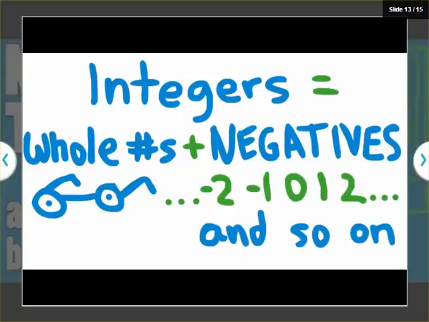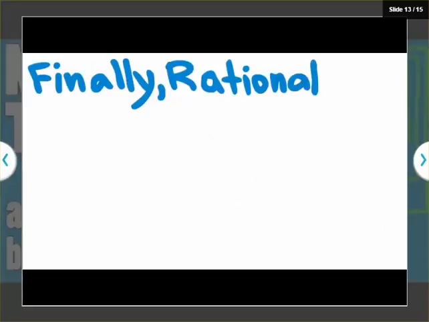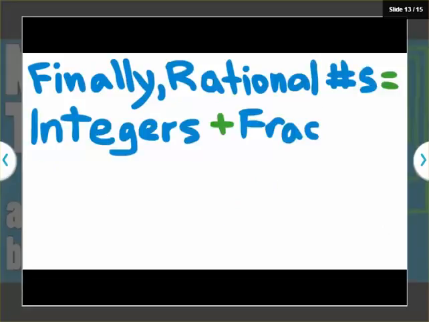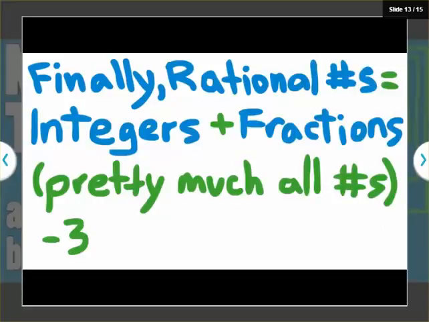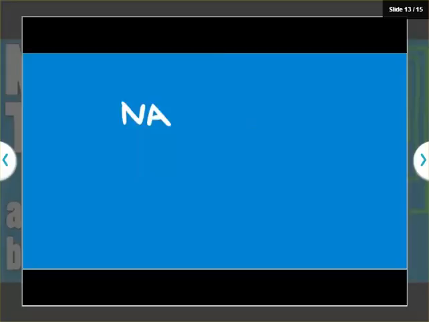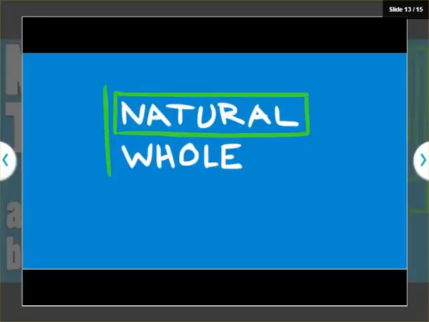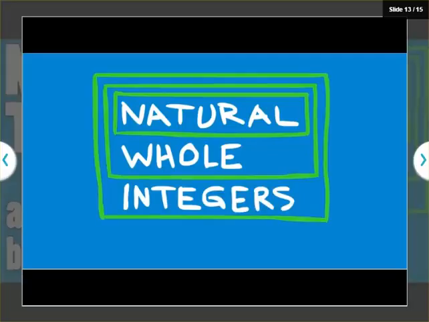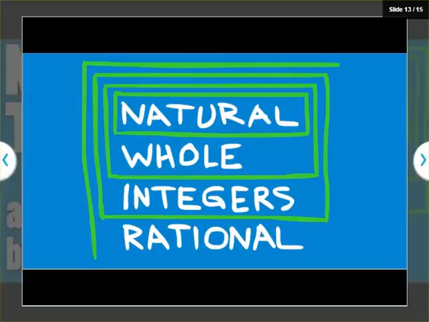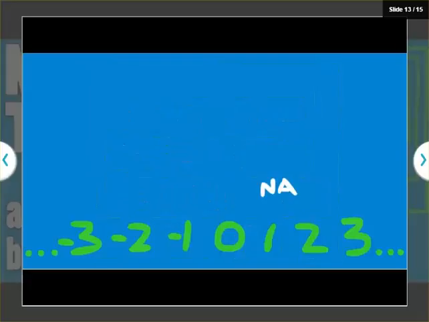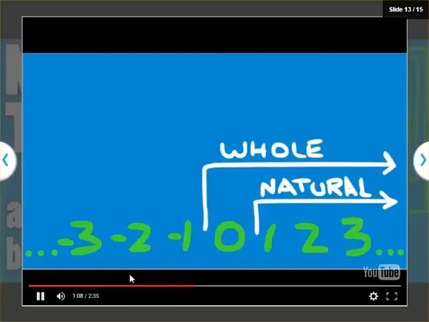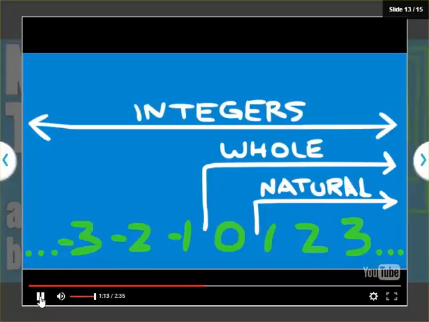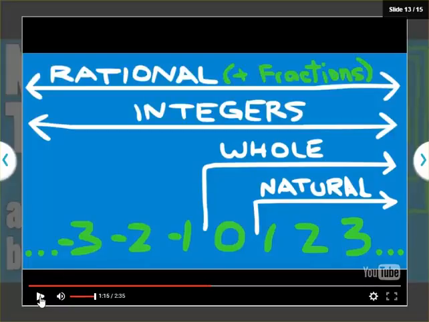Last but not least, not to be outdone, rational numbers are integers and fractions like -3, 1/2, 5/8, and 14.2. All natural numbers are whole numbers. All whole numbers are integers. All integers are rational numbers. Now listen to that drummer. All natural numbers are whole numbers. All whole numbers are integers. All integers are rational numbers.